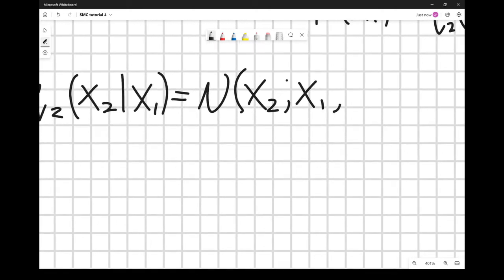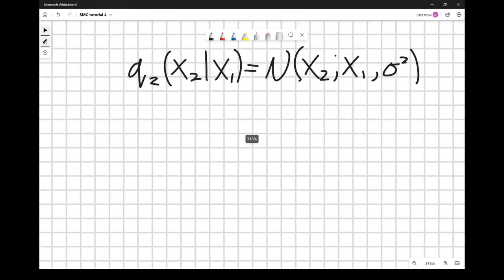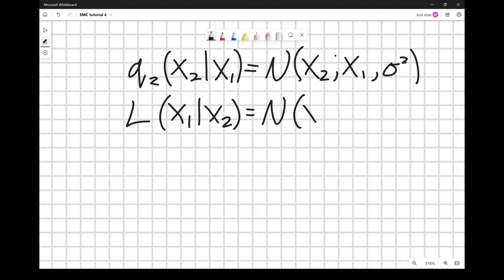Let's keep things simple and say we have a one-dimensional x, and this has variance sigma squared. Now we might think a suitable L-kernel might look a bit like this. So the argument is x1, conditional on x2. But let's say we set that equal to a normal distribution, only this time the argument is x1, and we center it on x2 and give it the same variance sigma squared.